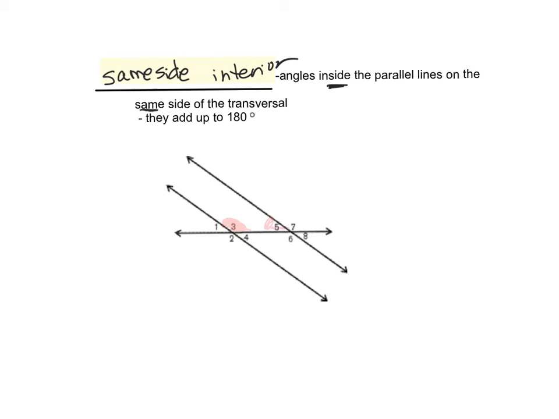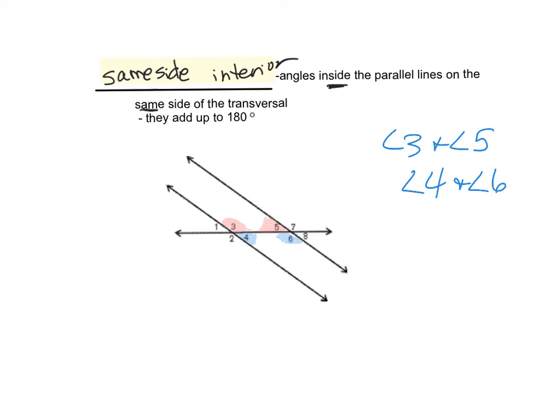And they're on the same side of the transversal and they're both interior. Then my other one, angle 4 and angle 6. So angle 3 and angle 5 are same side of the transversal and interior, so same side interior. Angle 4 and angle 6, same side interior.